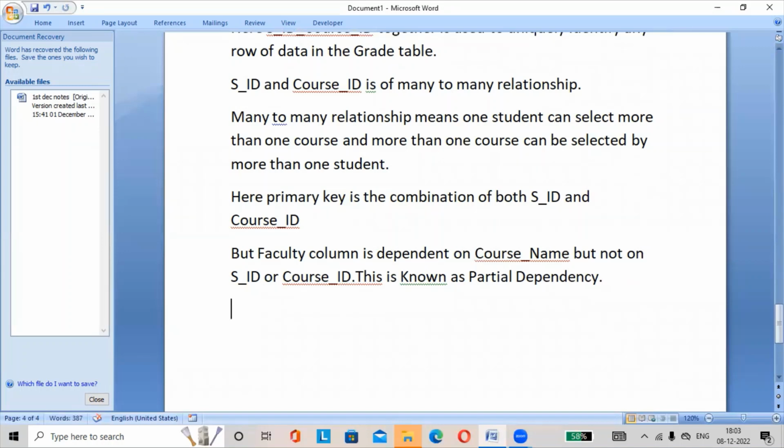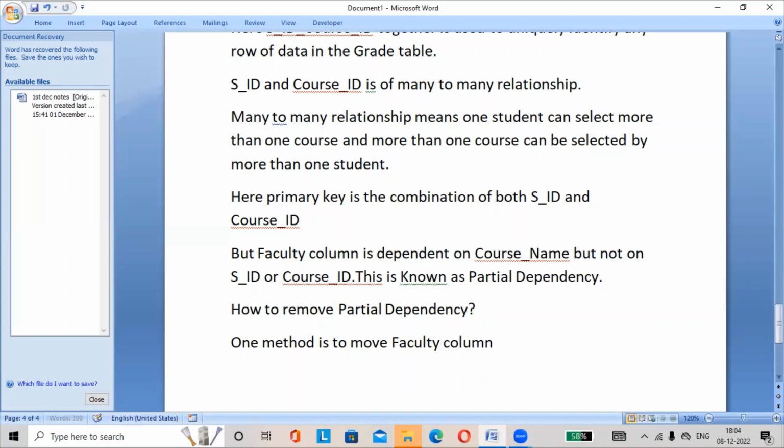How to remove partial dependency? One method is to move the faculty column to the course table.